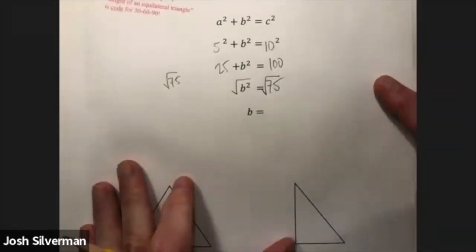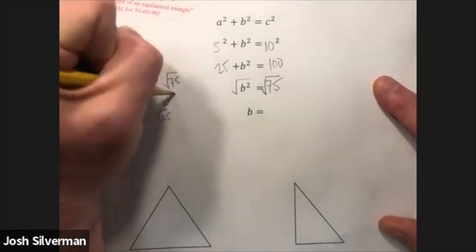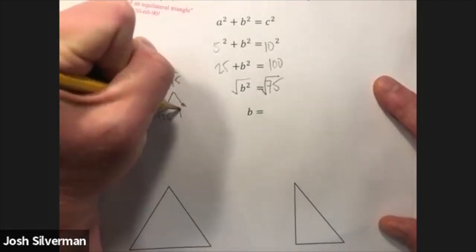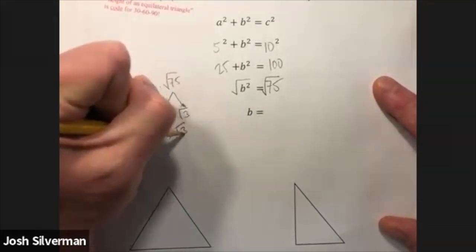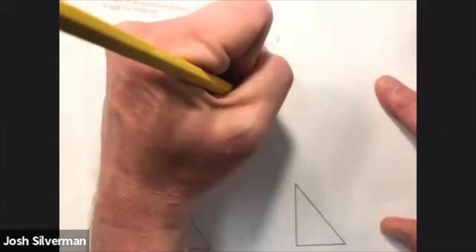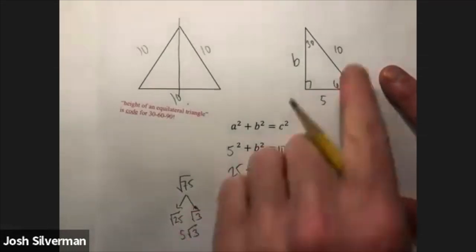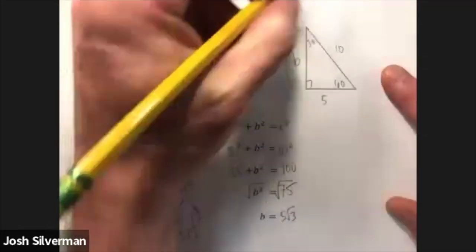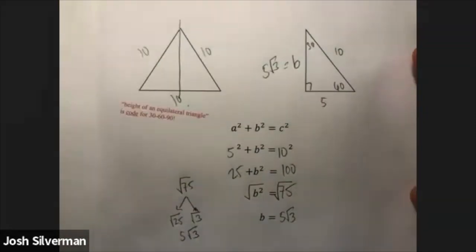Well, root 75 is exactly the same as root 25 times root 3. And the square root of 25 is 5. So what is our B? That would be 5 root 3. If the short side is 5 and the hypotenuse is 10, then the medium side is 5 root 3.